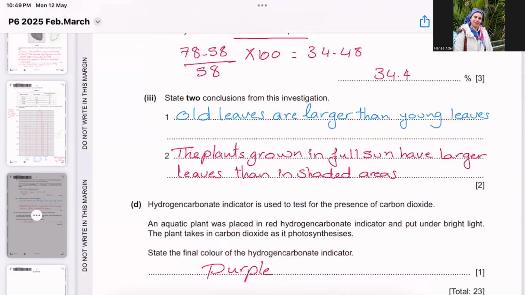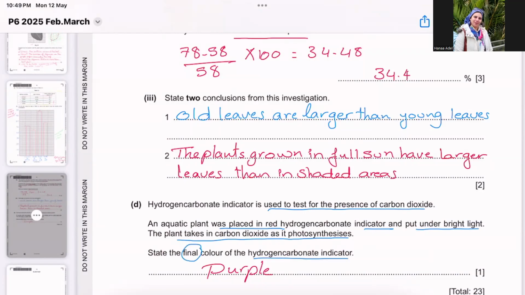Next question, hydrogen carbonate indicator used to test the presence of carbon dioxide. The aquatic plant was placed in red hydrogen carbonate indicator and put under the bright light. The plant takes carbon dioxide as it photosynthesized. State the final color of hydrogen carbonate indicator.